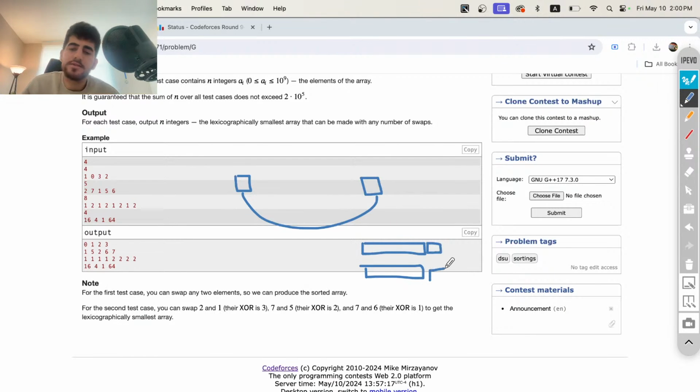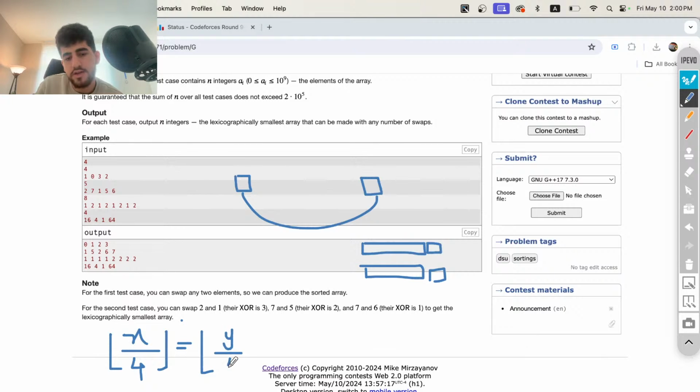So I can swap x and y if and only if floor of x divided by 4 is equal to floor of y divided by 4. For example, in here, for all of them, this value is 0, so I can swap all of them.